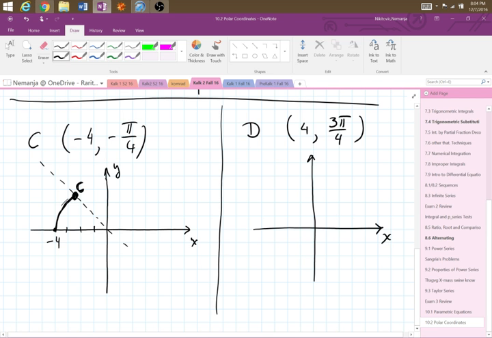Half circles, pi. Whole circles all the way around. This is pi.